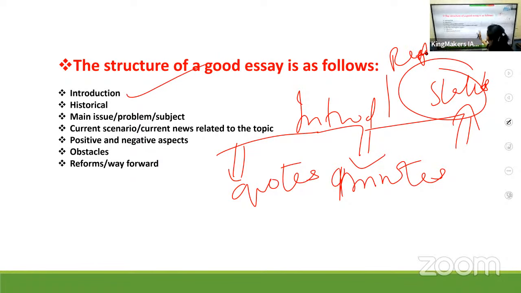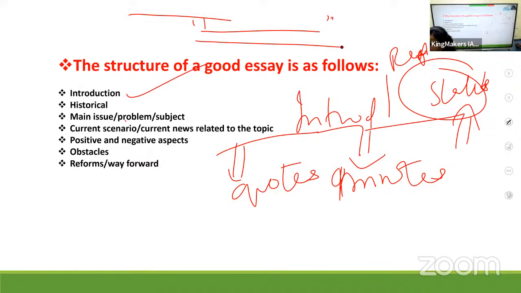So you go with a quotation and so on. Next, you have to bring the main issue in the paragraph. So your structure should be like this. If you are giving a quotation, use only a blue or black pen. Your quotation should be beautiful. Understand one thing: we don't know who the examiner is. We show who we are through our paper.